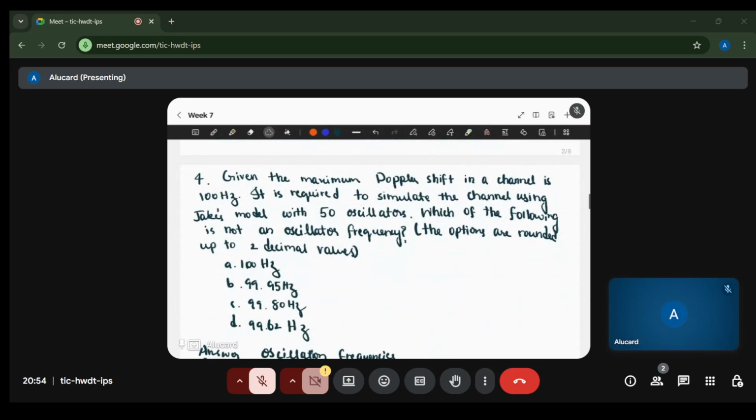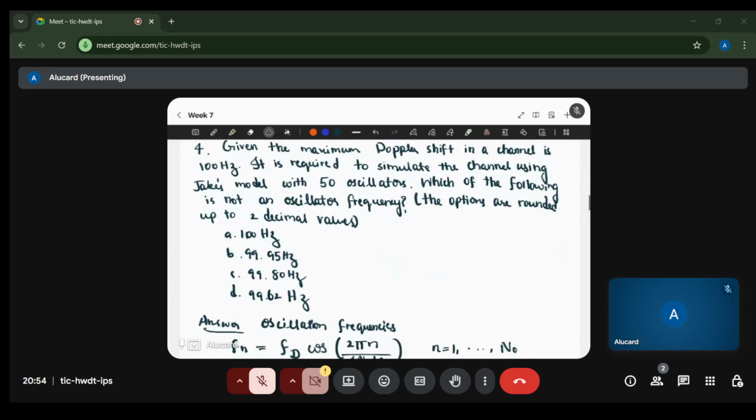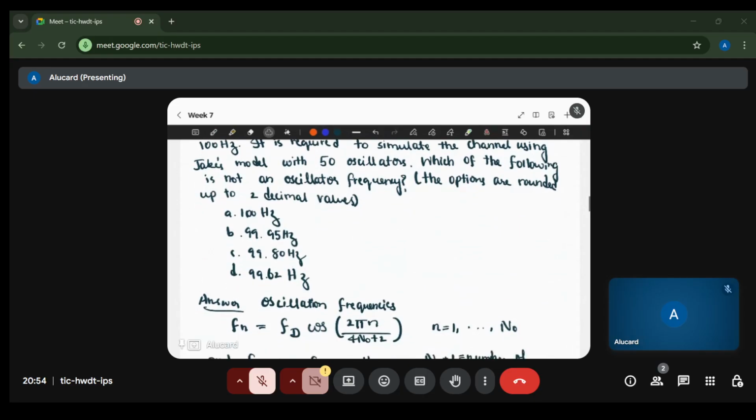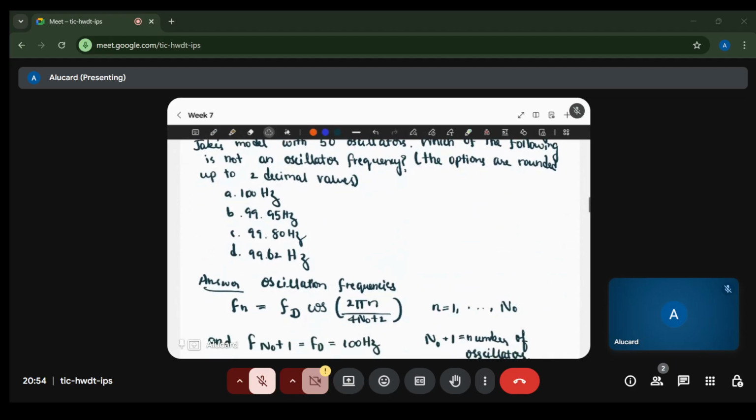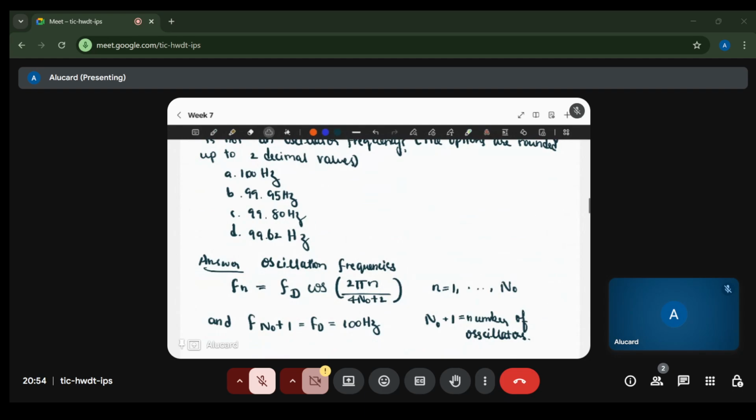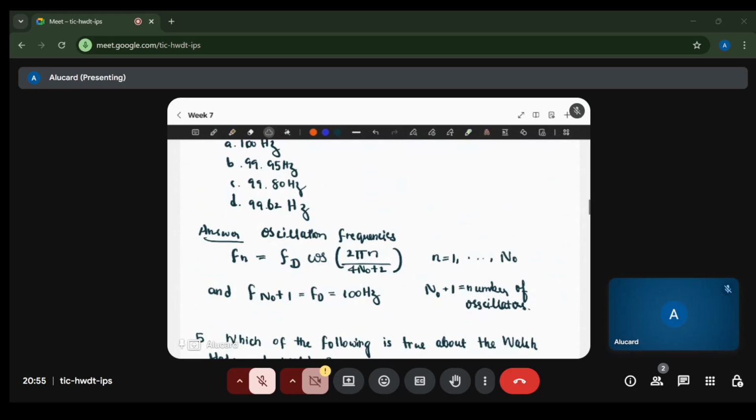Question 4. Given the maximum Doppler shift in a channel is 100 Hz, it is required to simulate the channel using Jake's model with 50 oscillators. Which of the following is not an oscillator frequency? The options are rounded up to 2 decimal values. We know that the oscillation frequencies of Jake's model are given by Fn equals Fd times cos of 2 pi n over 4N0 plus 2, where n is 1, 2 up to capital N0, and F of capital N0 plus 1 is F0, which is equal to Fd, 100 Hz.